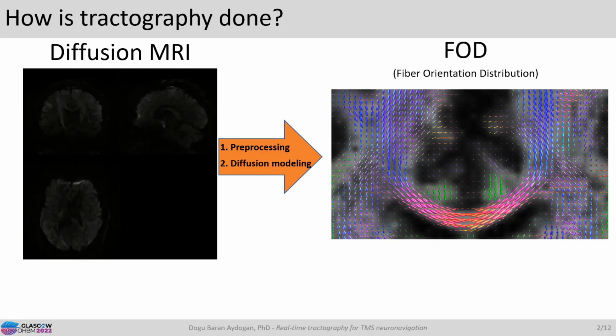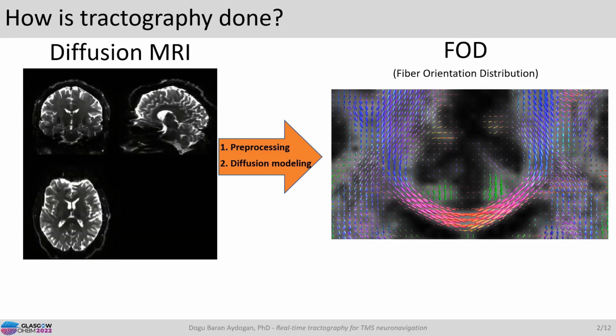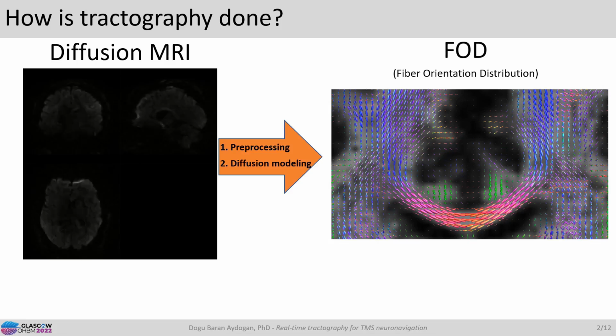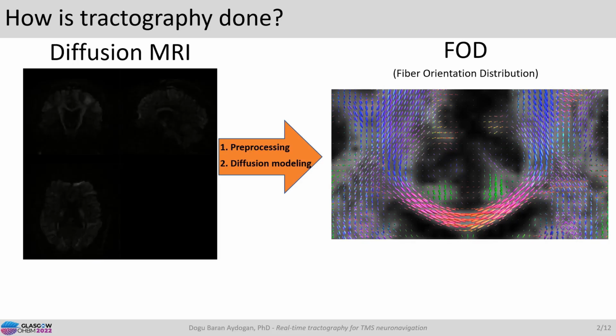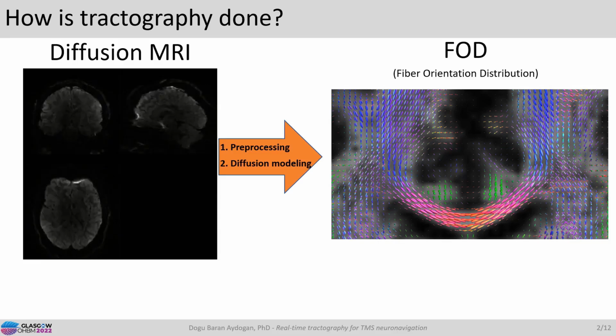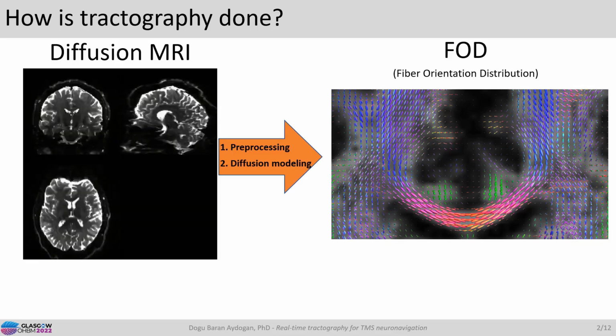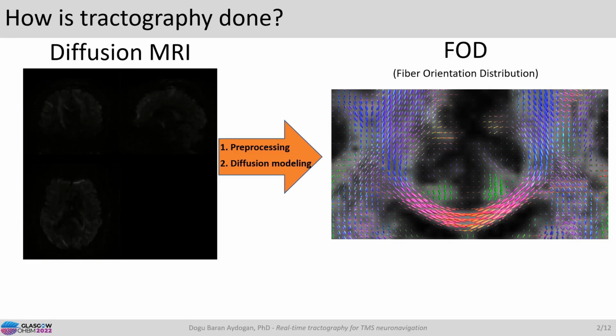This is called the fiber orientation distribution, or shortly FOD image. The color coding here shows the direction of diffusion: red for left-right, blue for inferior-superior, green for anterior-posterior directions. And the size of these glyphs shows the strength of diffusion.